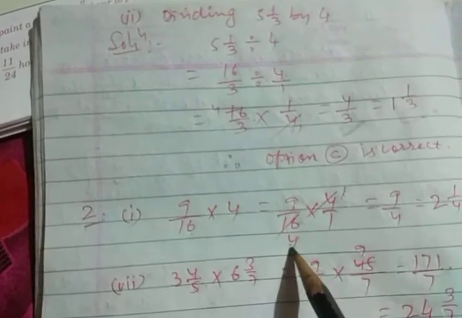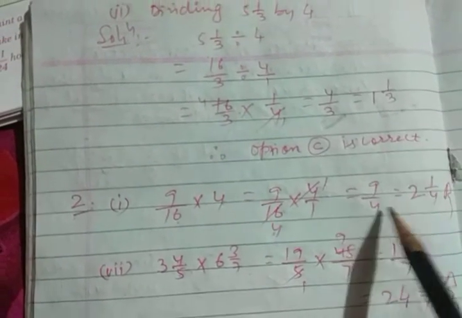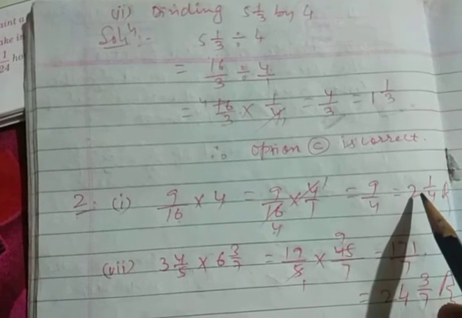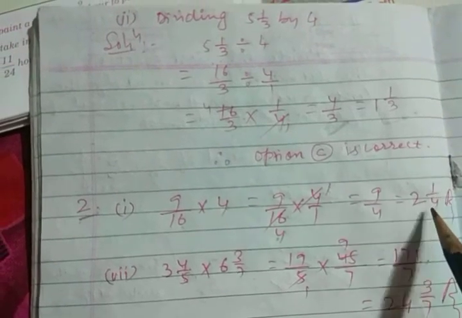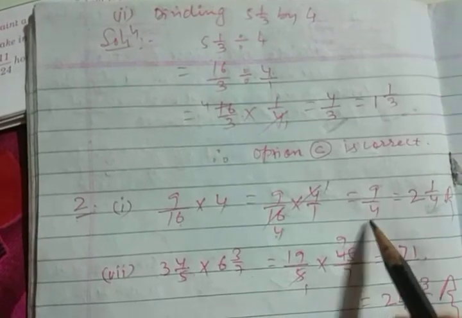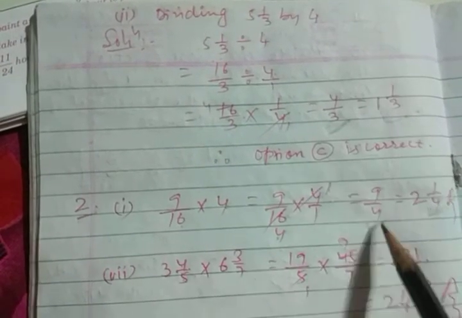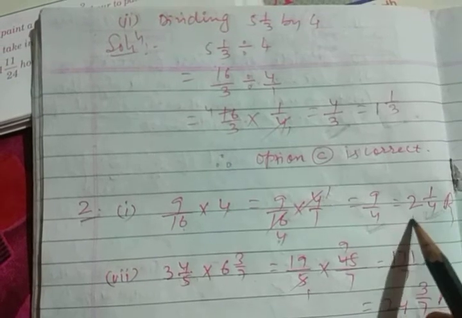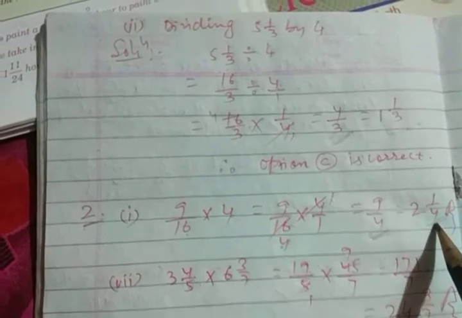So we get 9 by 4. 9 by 4 means 2 whole 1 by 4 in mixed fraction. So 9 by 4 is also a correct answer, and you can say 2 whole 1 by 4, okay.